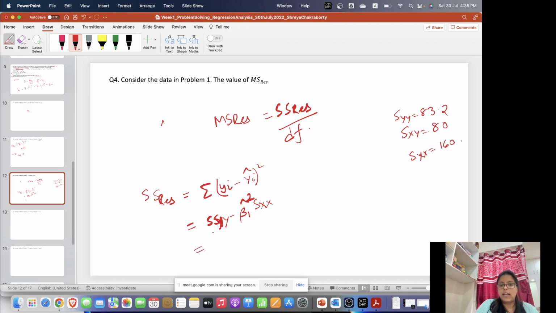So SYY here is 83.2 and beta 1 hat came out to be half. So this is half into SXY, which is 80, so 40, and this gives 43.2.